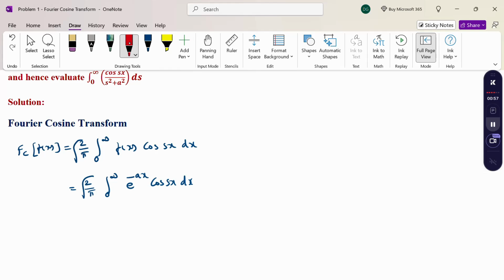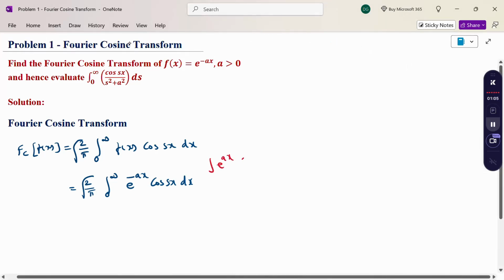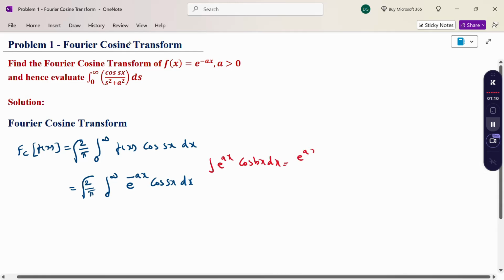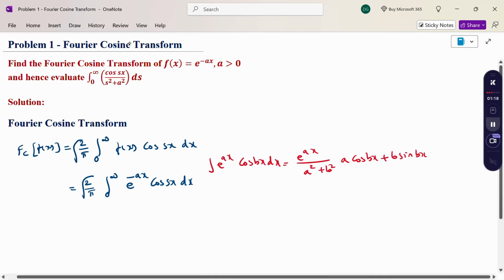Instead of applying the Bernoulli method, we use the direct formula: the integration of e power ax cos bx dx equals e power ax divided by a square plus b square, times a cos bx plus b sin bx.